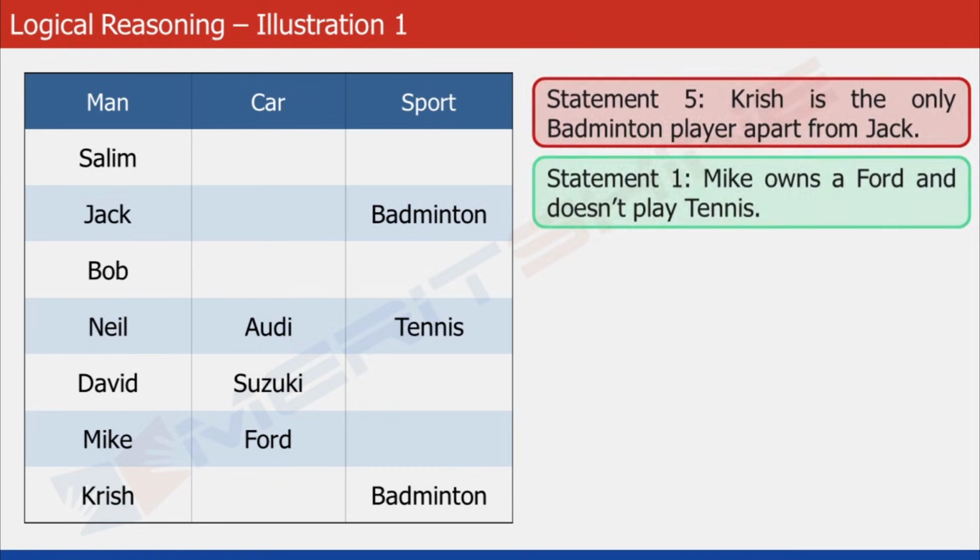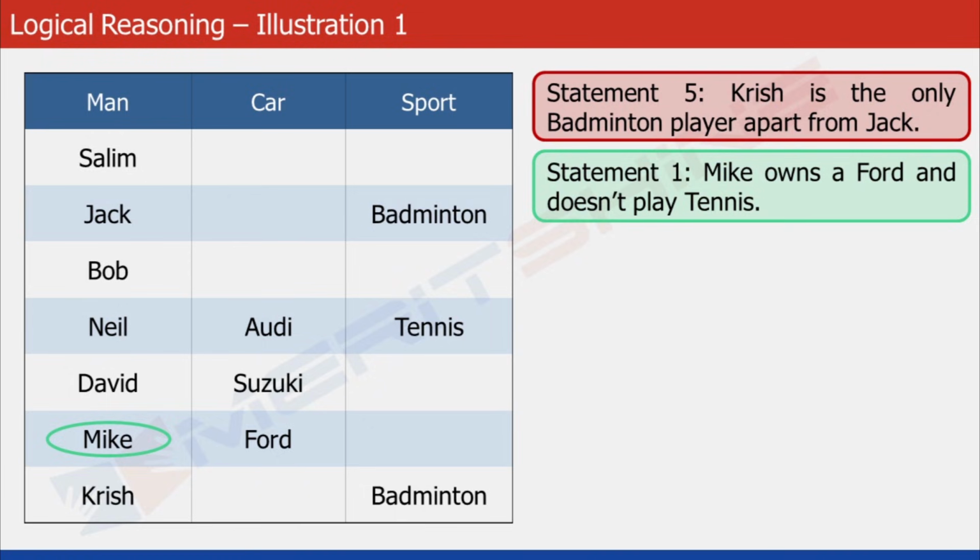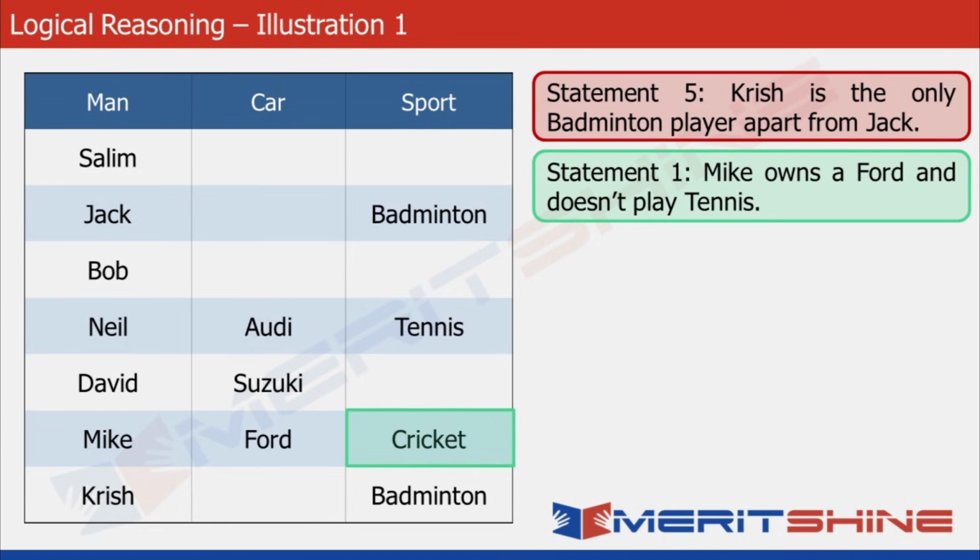So we revisit statement 1 now and use it in conjunction with statement 5. It tells us that Mike doesn't play tennis. Since badminton is played by just 2 persons and both the cells have already been filled, what it basically means is that Mike should be one of the persons playing cricket. There is no other choice. We fill this up and move forward.